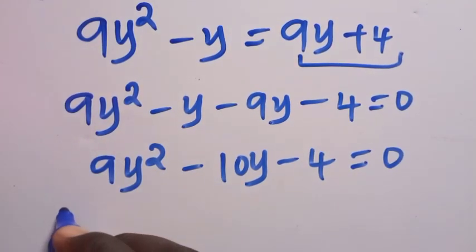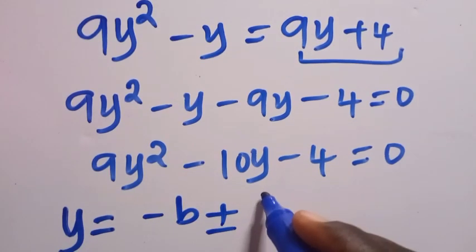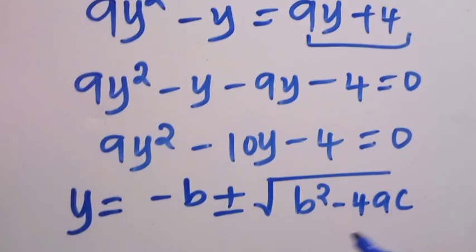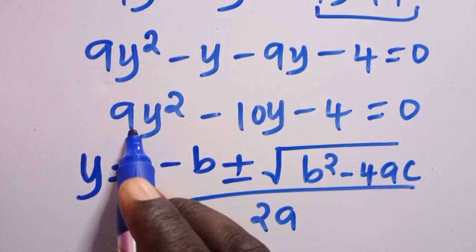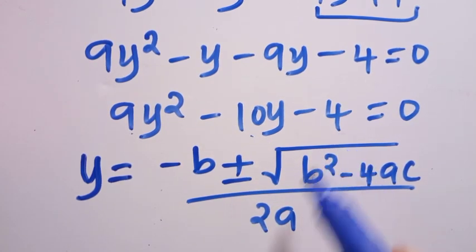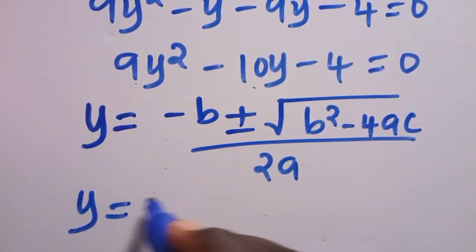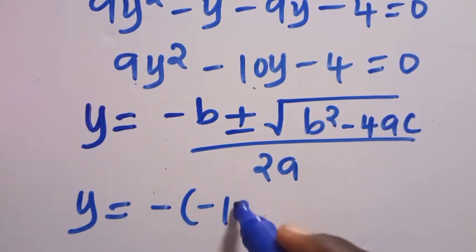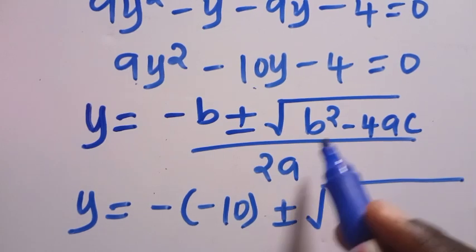Now from the quadratic formula, y equals negative b plus or minus the square root of b squared minus 4ac all over 2a. Our a is 9, our b is negative 10, our c is negative 4. Therefore, we shall have our y as negative b, which is negative 10, then plus or minus the square root of b squared.